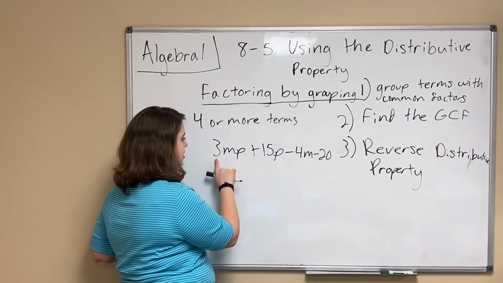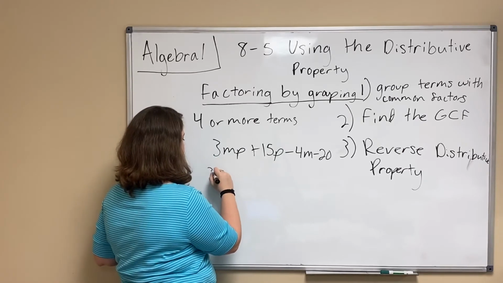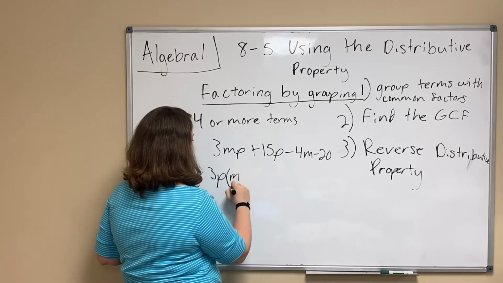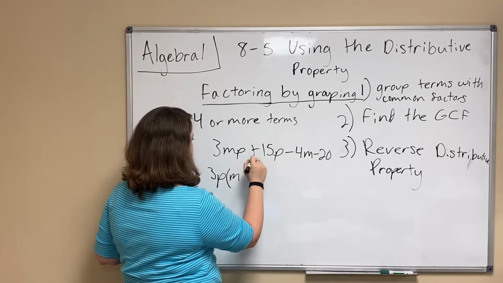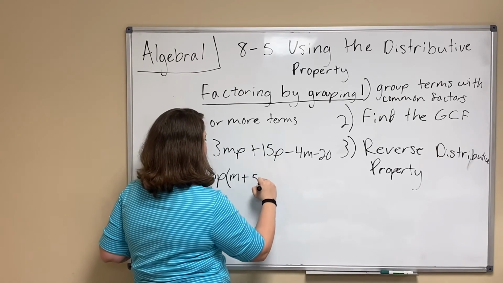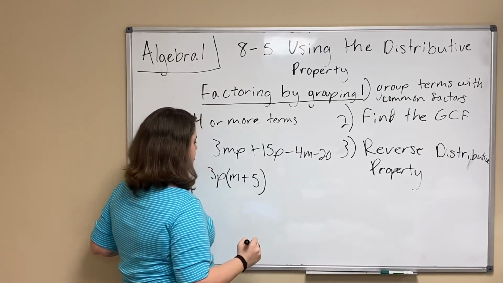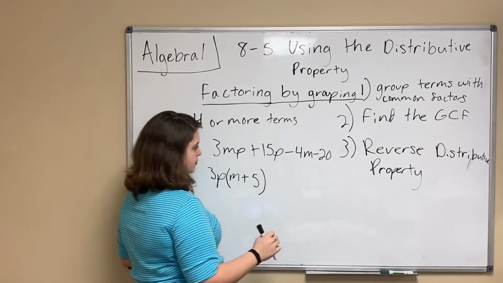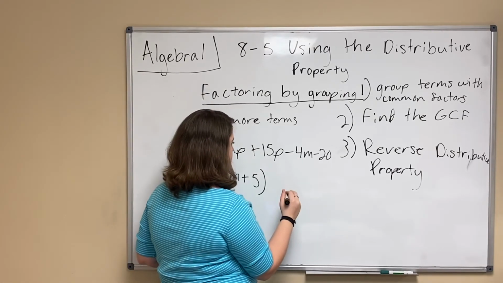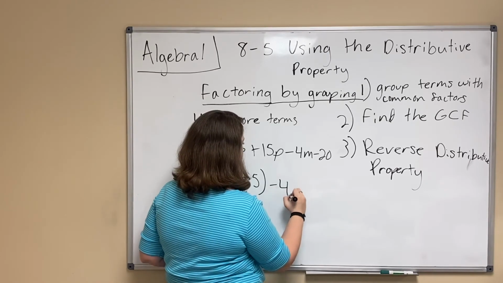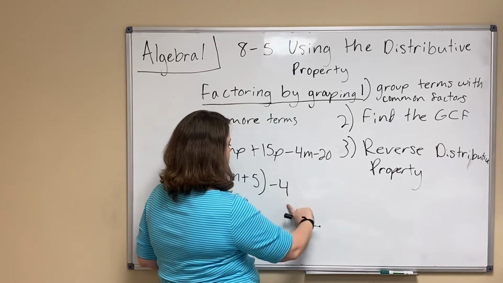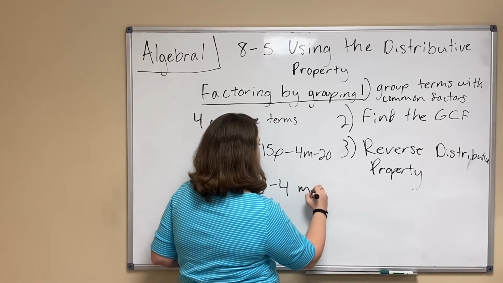So if I take 3 and p out of this one, I just get m left over. And if I take 3 and p out of this one, I get a 5 left over. Now here it looks like I can take negative 4 out of both of these. If I take negative 4 out of both of these, negative 4m divided by negative 4 is going to give us just m.